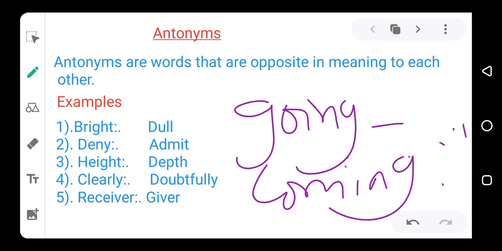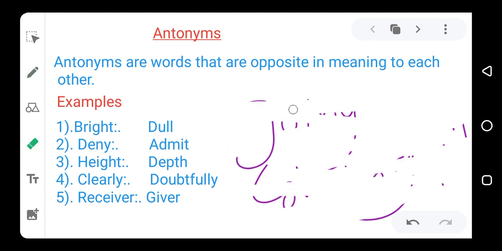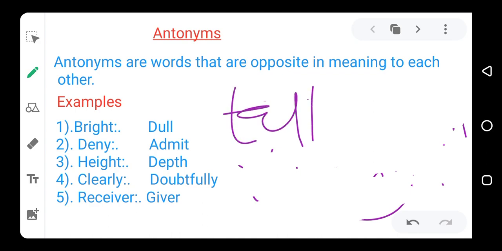Now for adjectives, we have tall. Tall is an adjective. An adjective is a word that modifies a noun.